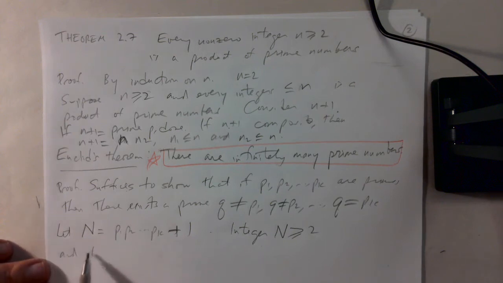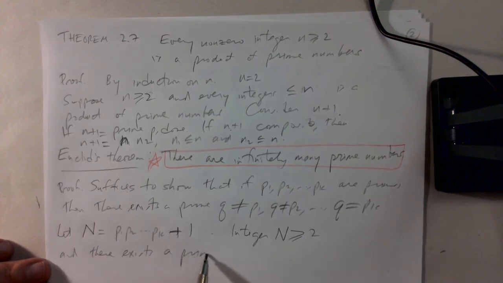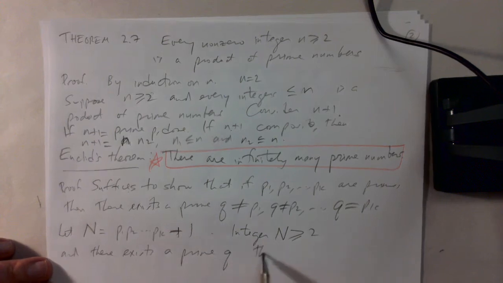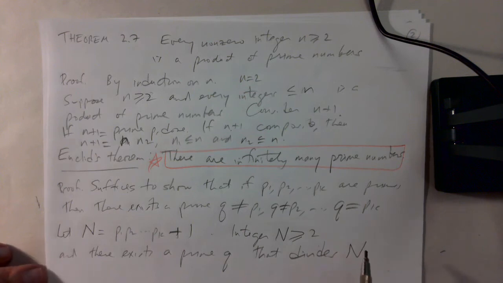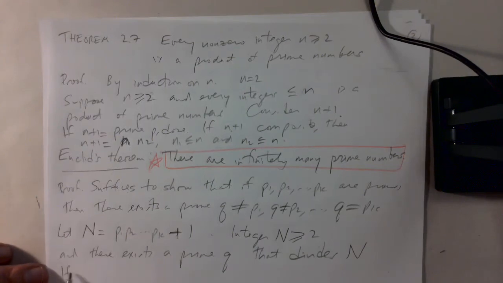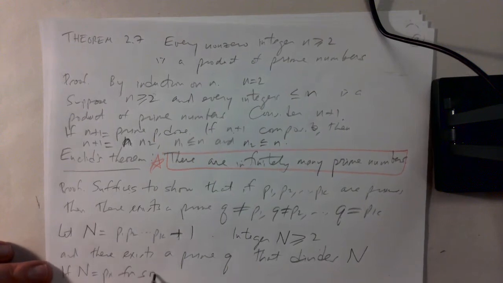So there exists a prime Q that divides N. Well, if N is equal to P sub i for some i between 1 and k, then what do we have?